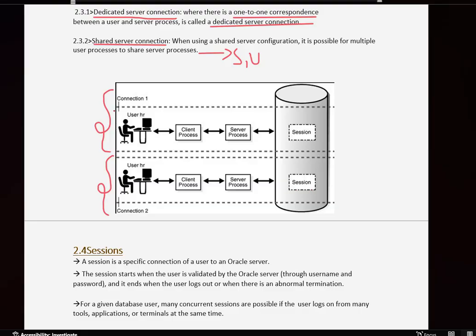So the first one is, for example, the dedicated server process, and the second is the shared server process. There is one mistake in this diagram: there are several user processes in connection 2. So several users are connecting through client processes, and one server process will work for several users.